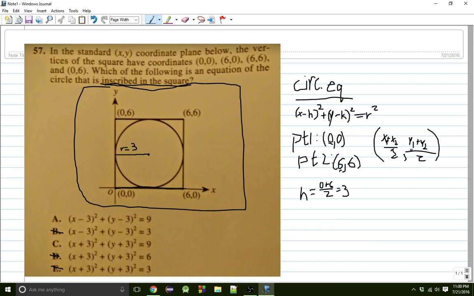And then k is y1 plus y2 over 2. Well, that's the same story because the y coordinates are 0 and 6. 0 plus 6 over 2 equals 3.